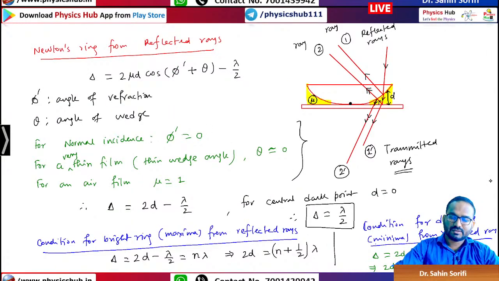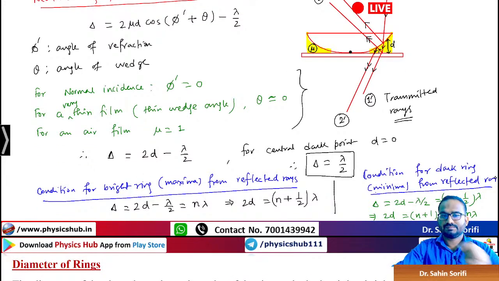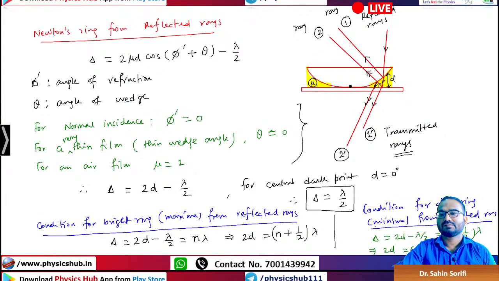Now what is most important in Newton's ring experiment is the diameter of the rings. What will be the diameter of the rings? Another thing, guys: for the transmitted rays, this condition will just be reversed. So this will be the condition of dark ring, and this will be the condition for bright ring.